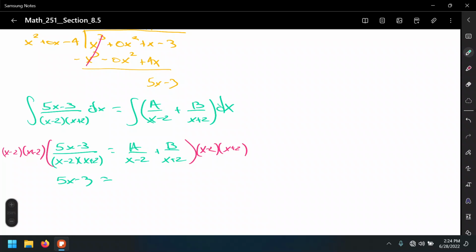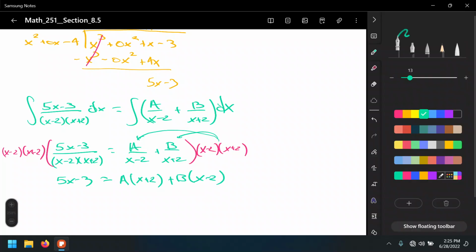And when we distribute over the right-hand side, the x minus 2's cancel on the first term, leaving us with a times x plus 2. When we do the second distribution, the x plus 2's cancel and we are left with b times x minus 2. And that's our basic equation.